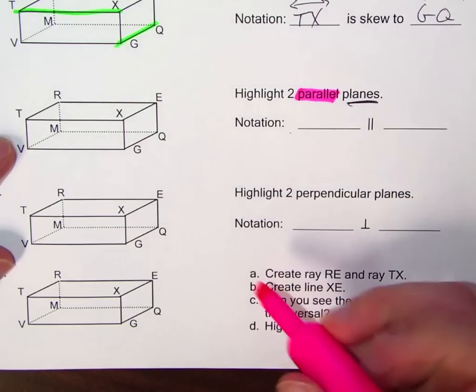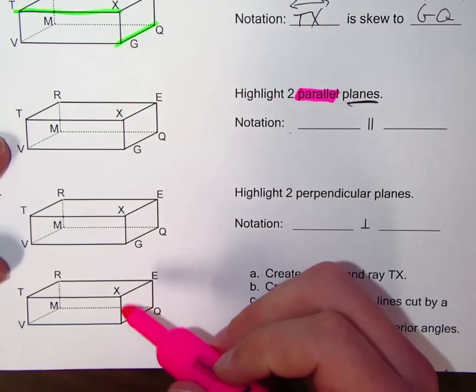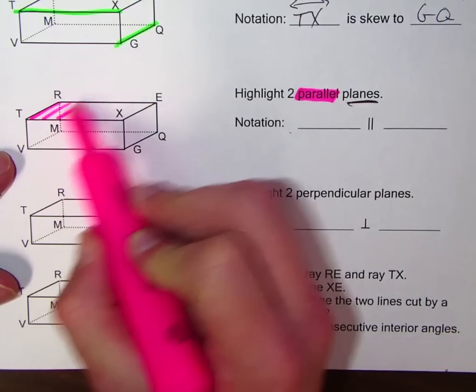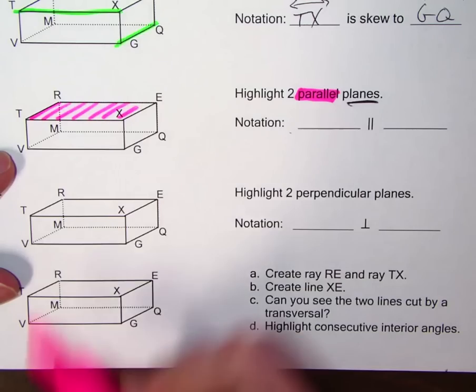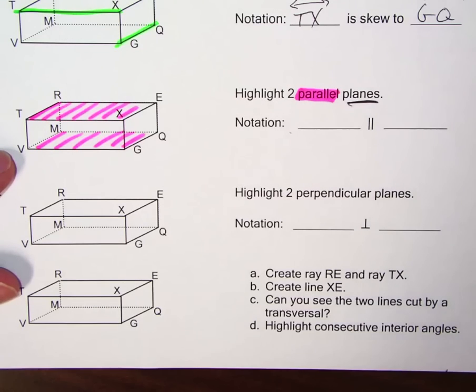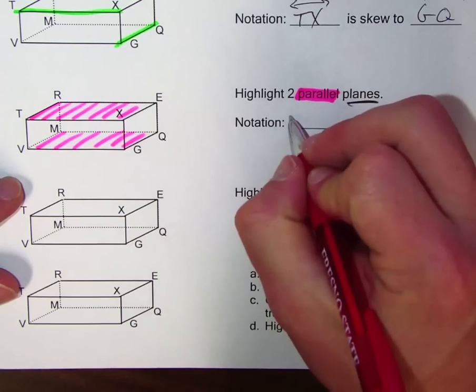Bunch of examples here. So if you take a look, how about we go with the top and the bottom of the prism. We could have said the front and the back, or the left and the right as well. Now I have to notate this, so I need to start with the word plane.